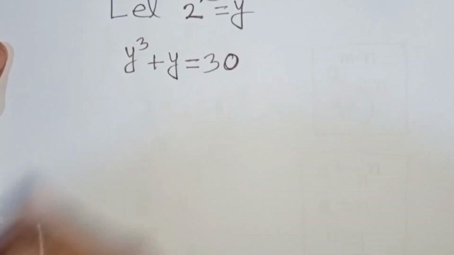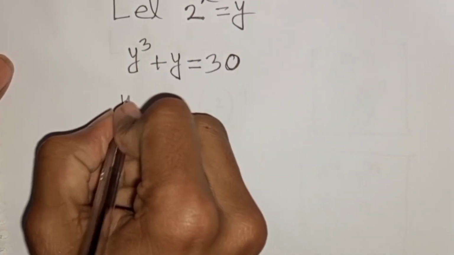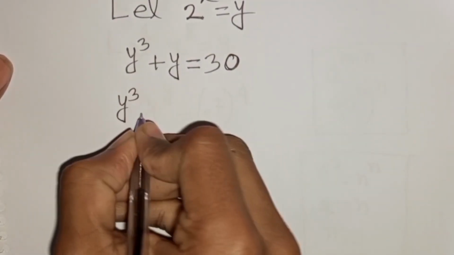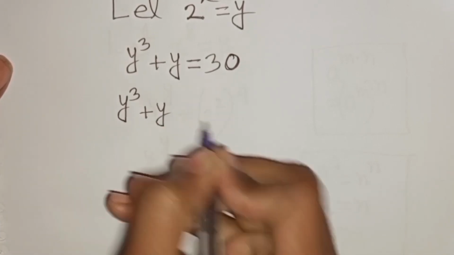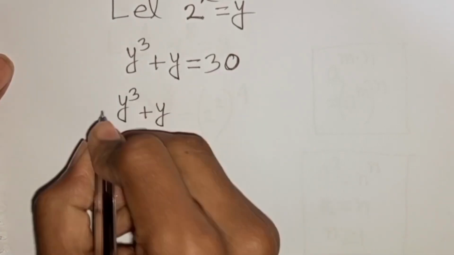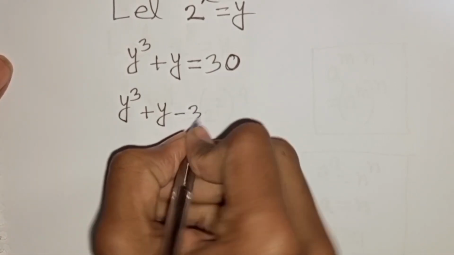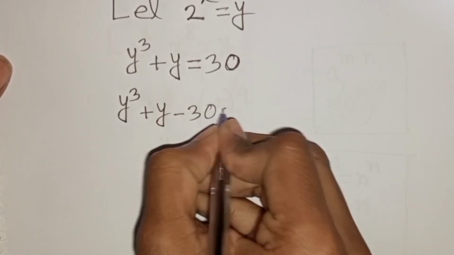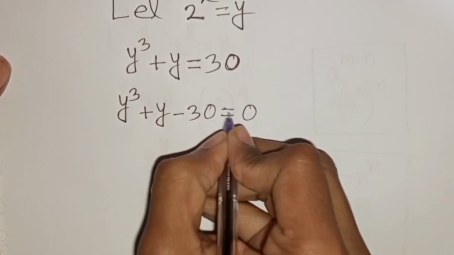Now I can write here y cube plus y, then this plus 30 taken to the left side, so this will be minus 30, is equal to 0.